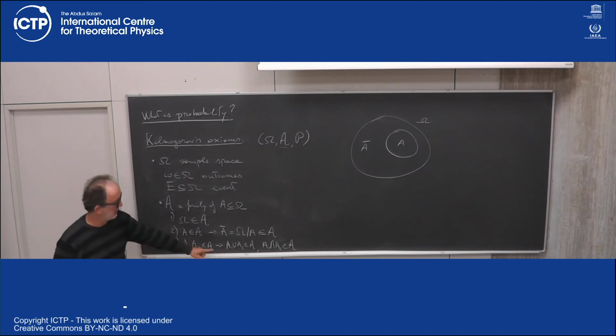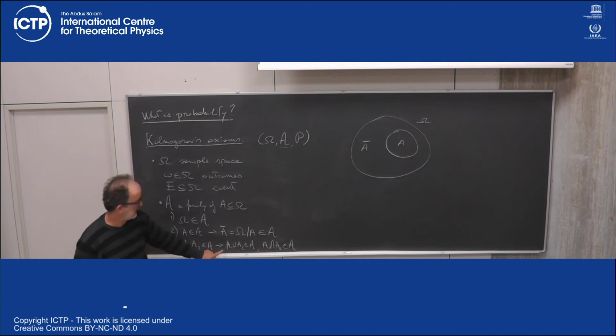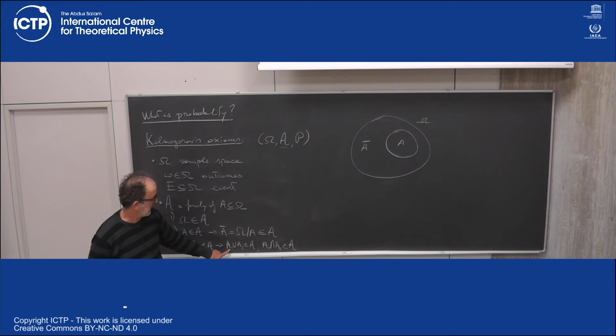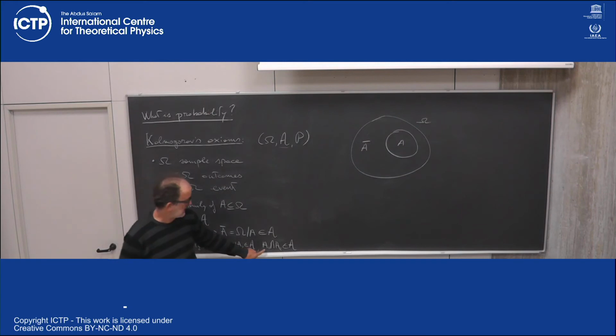So what is the union? Well, if these are two events, then this event here is the event that either A1 occurs or A2 occurs. And the intersection is the event that both A1 and A2 occur. Okay?